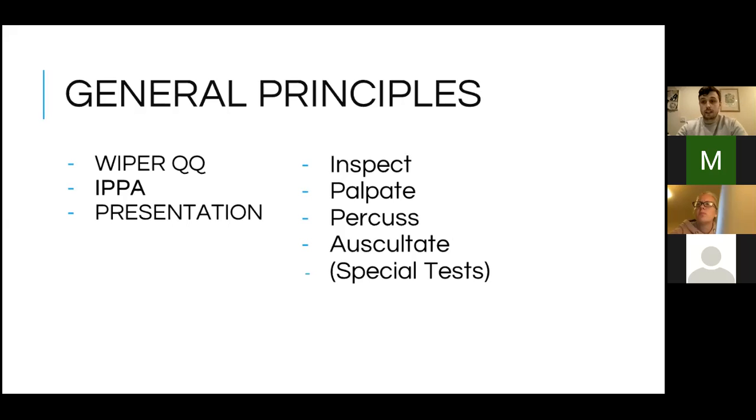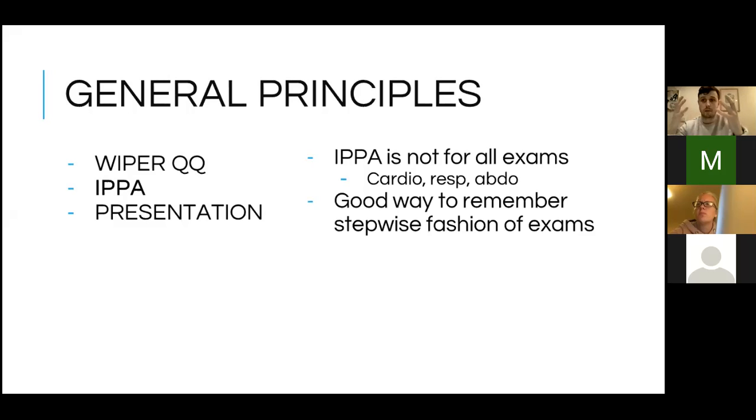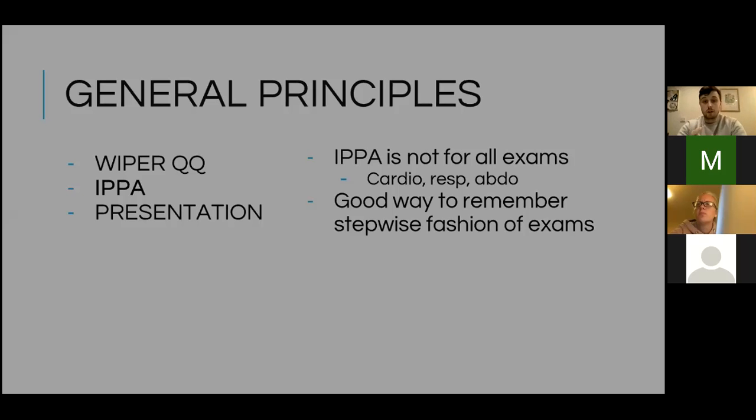It's not for every single examination, but it's a good stepwise method to remember. I always start with end of the bed inspection, examining the hands, the face, the chest, abdomen, and then the legs if appropriate. And then presenting your findings. This is where you'll get points.